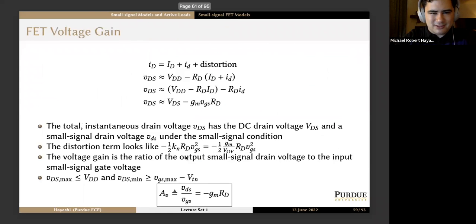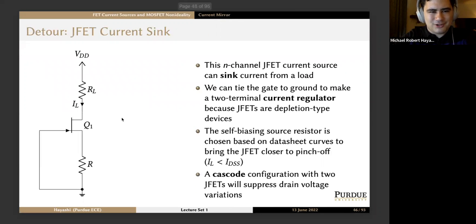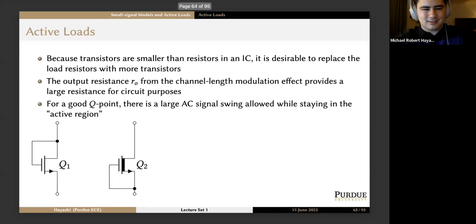This looks very similar to this detour JFET current sink, just using an enhancement or a depletion type NMOS instead. Do we have any questions?